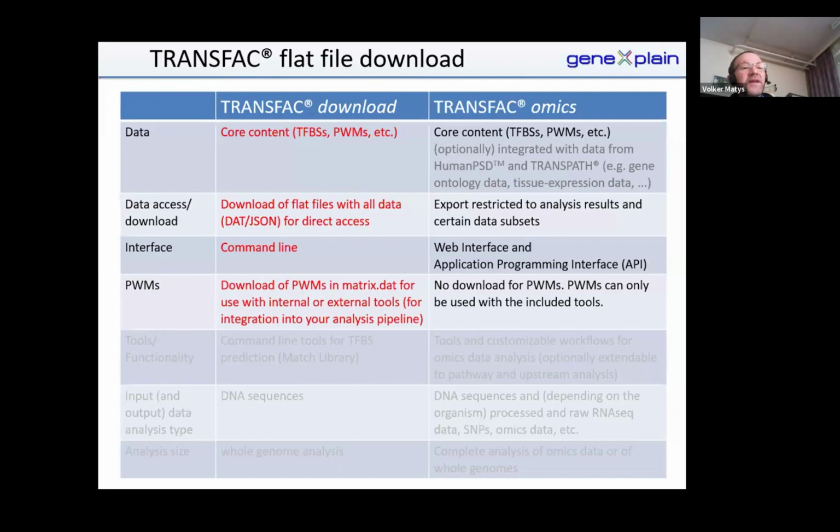And an important differentiation is the positional weight matrices in the matrix flat file. You can get them only on your computer from the download. In the online versions, it's not possible to download the matrices, so you can use the matrices only with the included tools.